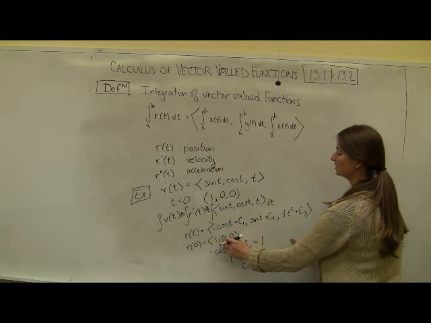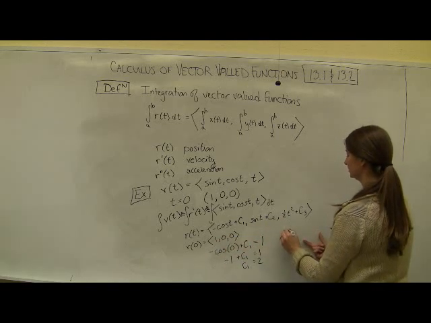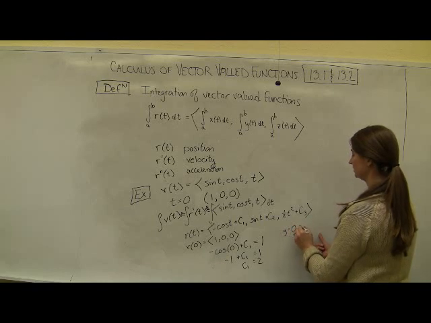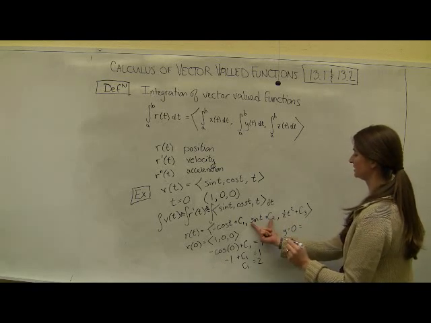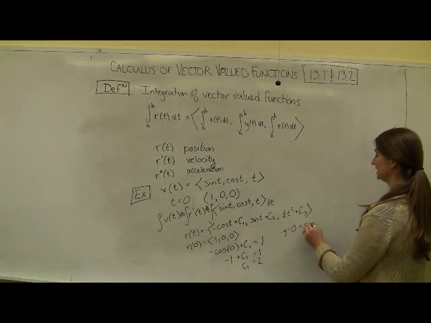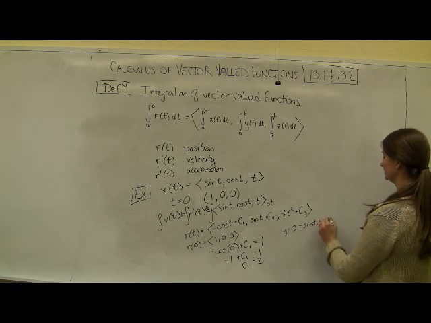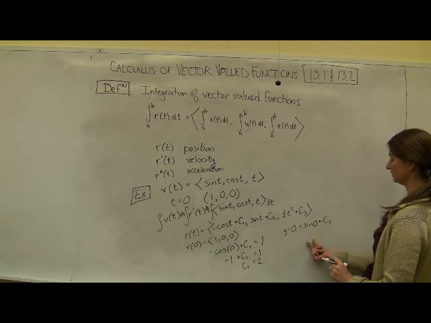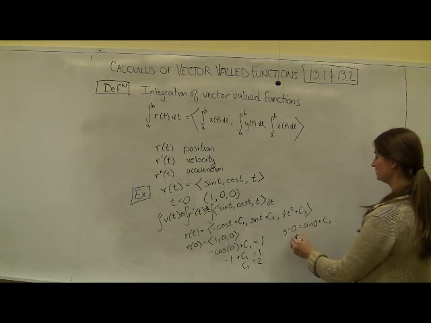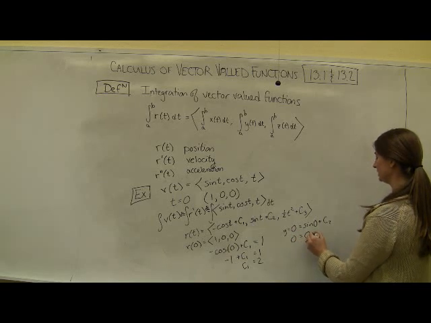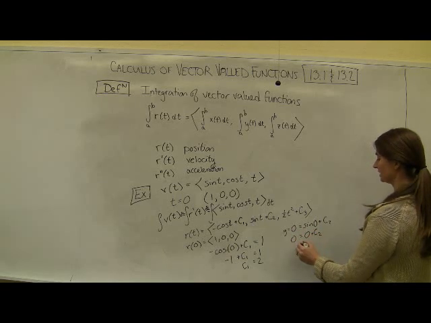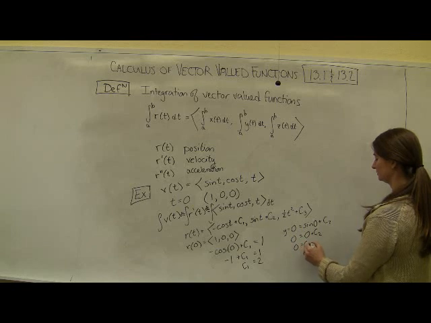So I know that I start at y equals 0, so the second component function, sine of t plus c2, where t is exactly equal to 0. Well, the sine of 0 is 0, so I know that 0 is equal to 0 plus the second constant, so the second constant is equal to 0.